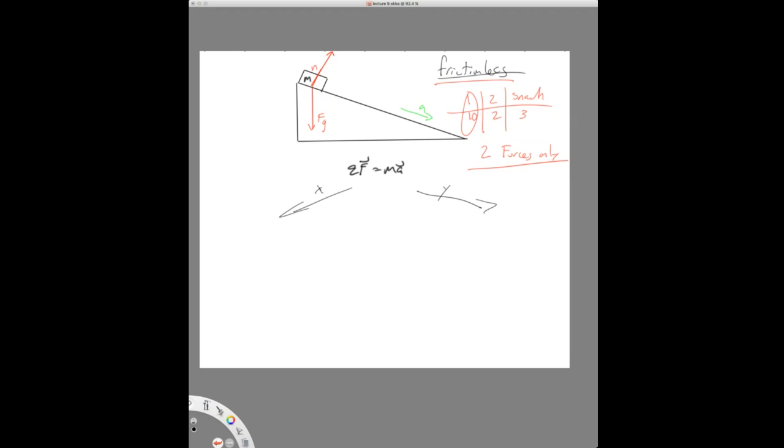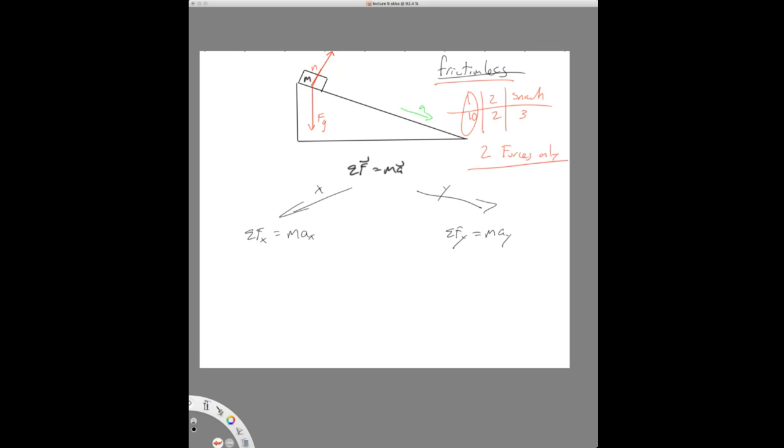Now, there's an easy way and a hard way to solve this. Let me write down the hard way, but we're not going to do the hard way. I'm writing it down to convince you that you really want the easy way. And I know most of you already know you want the easy way. But just in case, we would say net force, don't even write this down: net force in the x direction equals m times ax, and net force in the y direction equals m times ay.